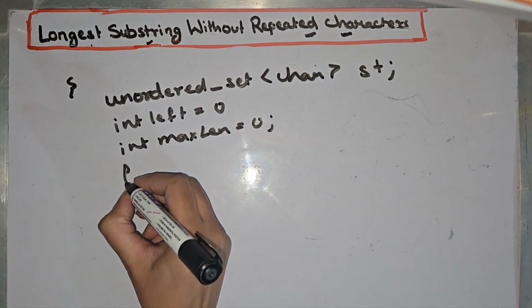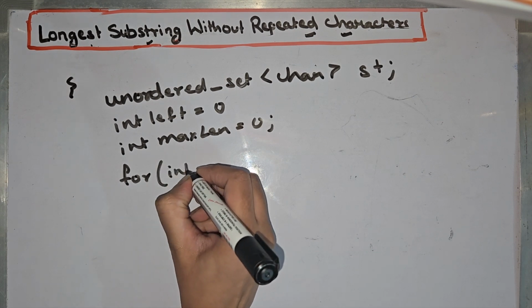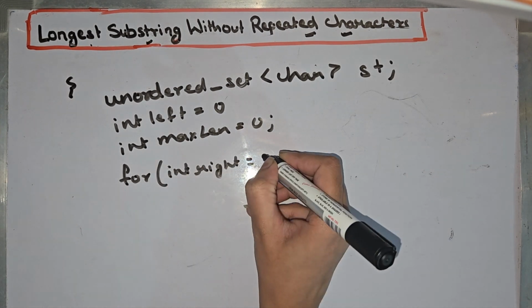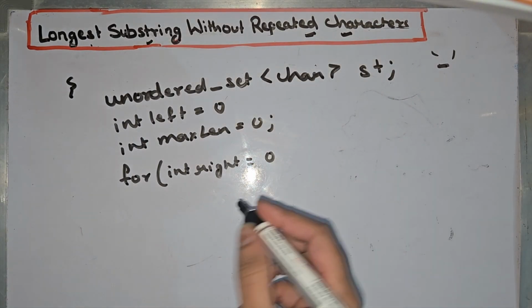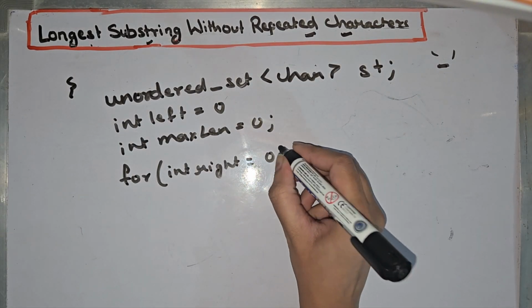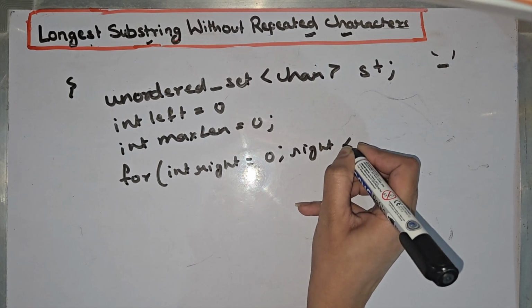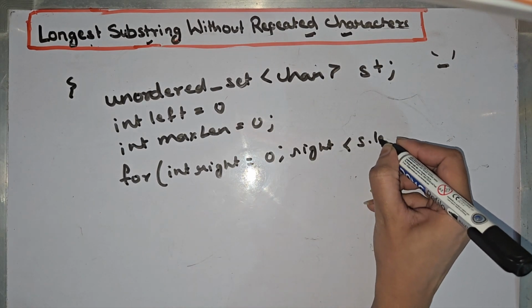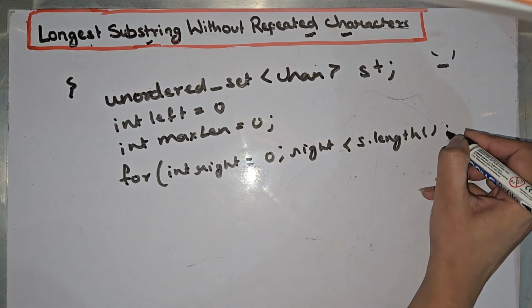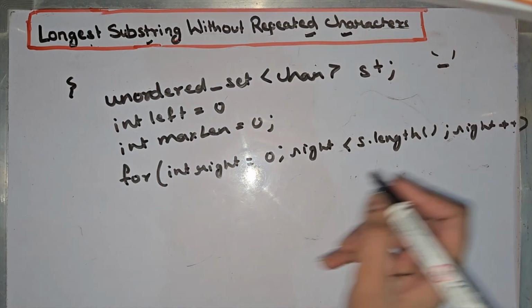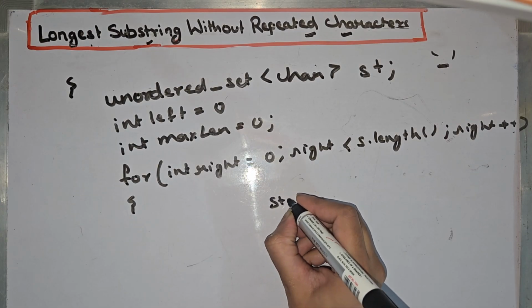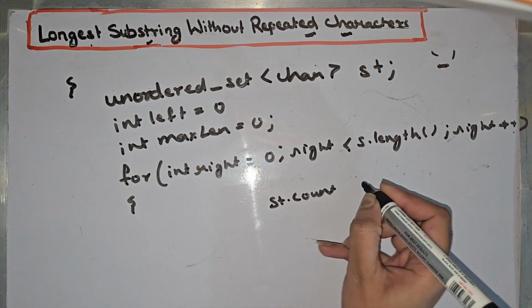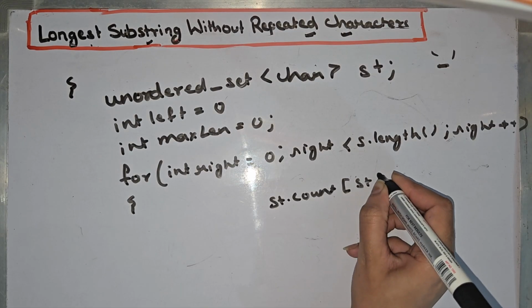Now we will loop through the string. Right is equal to 0 initially, as we will consider one character in the beginning, and right is less than s dot length, and right plus plus. Now we will check if our set already has this character pointed by right element?